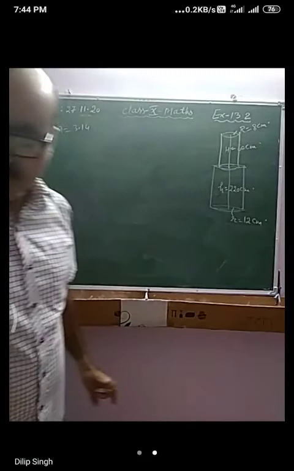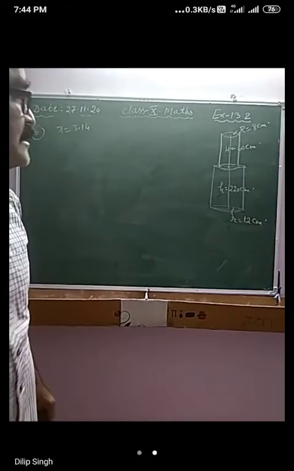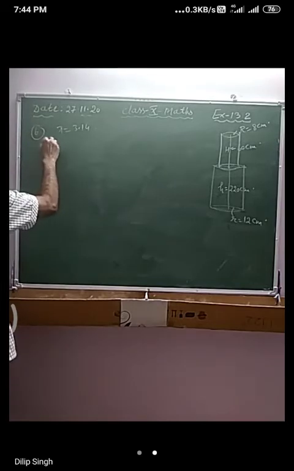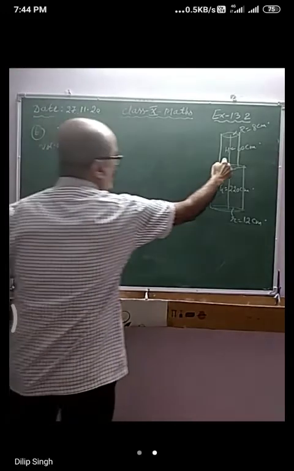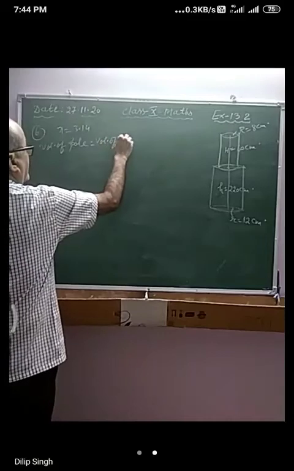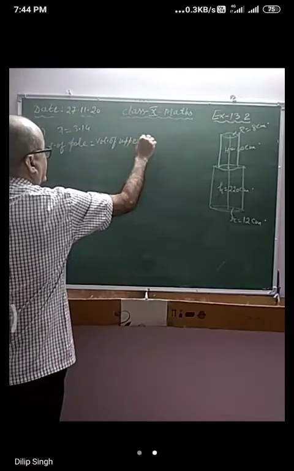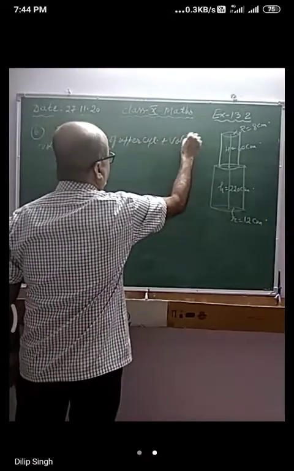So first of all, you will find out the volume of the pole. ठीक है? So volume of pole will be equal to volume of upper cylinder plus volume of lower cylinder.